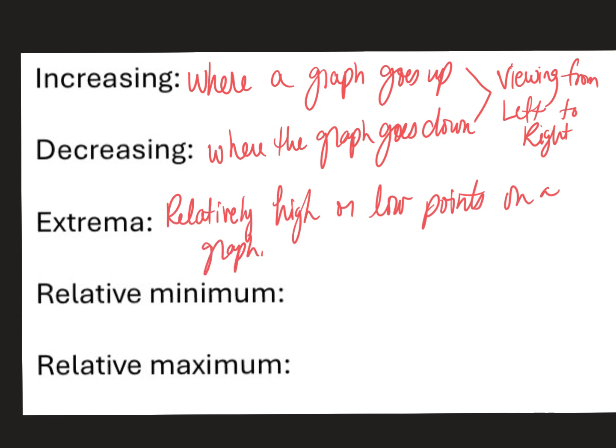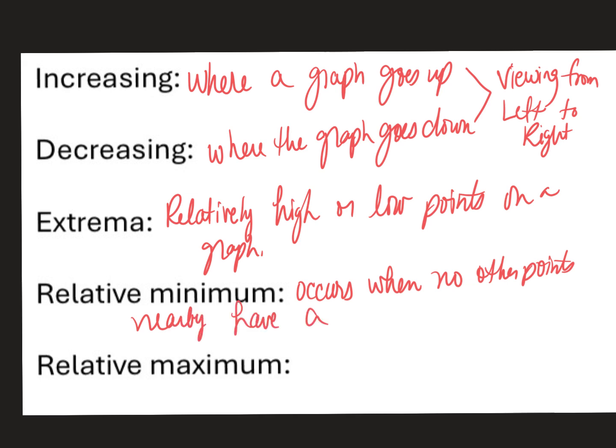Relatively low points are called a relative minimum, and a relative minimum occurs when no other points nearby have a lesser y-coordinate.